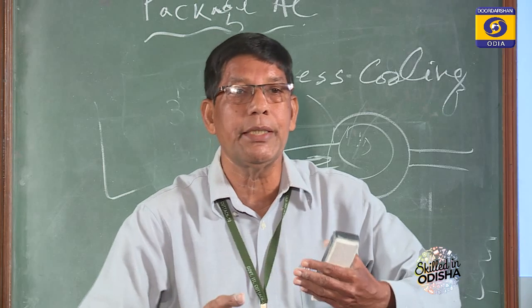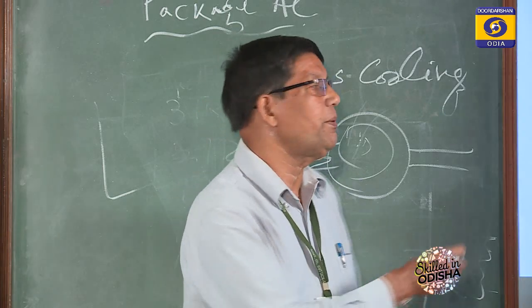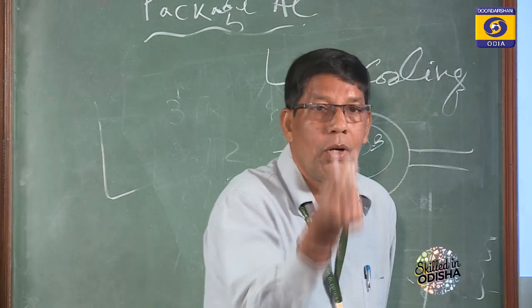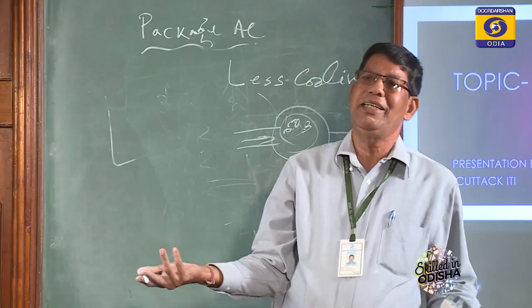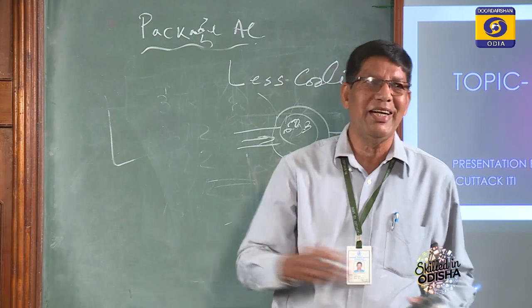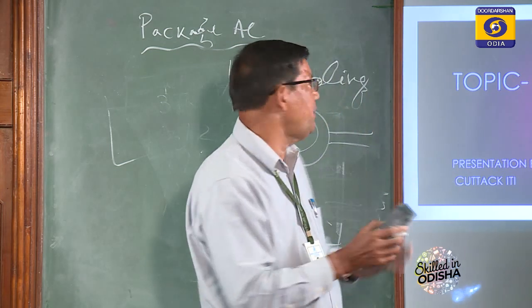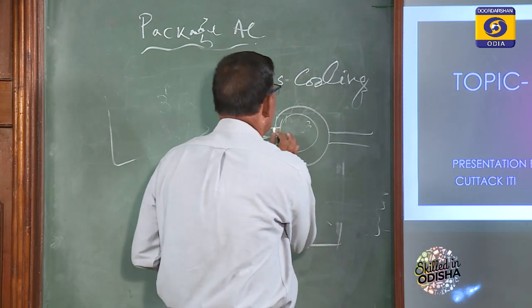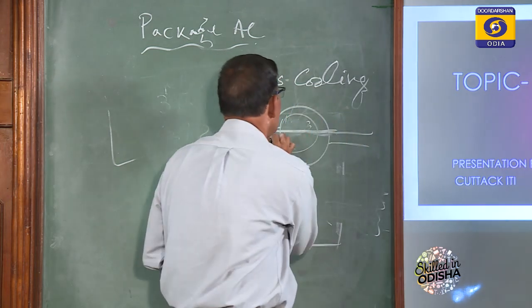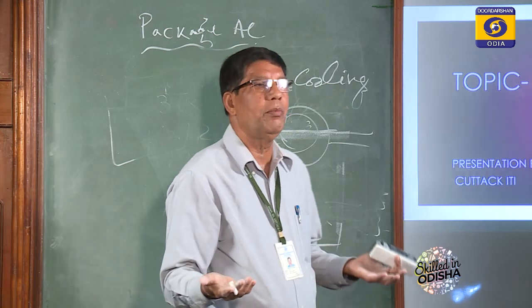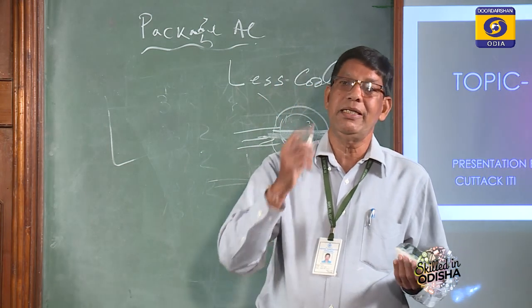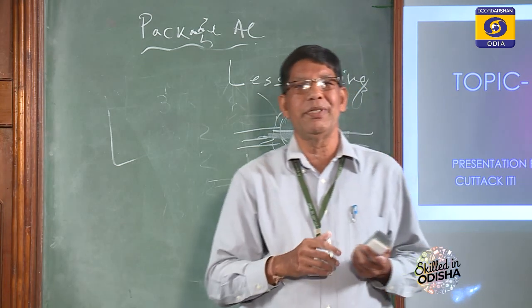It is colorless. When there is less refrigerant, some bubbles will be there. This is the indication of less refrigerant. If there is sufficient refrigerant, it will flow like this, with no bubbles. It is clear.